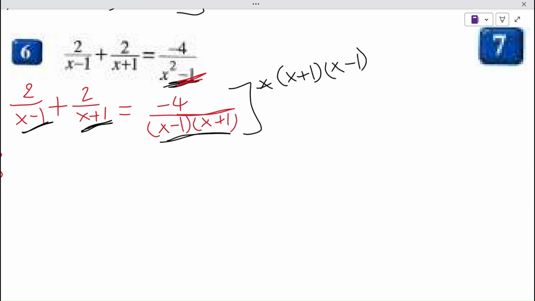Because we have x minus 1 here and x minus 1 here, just write down 2 times x plus 1, plus, and here we have x plus 1, just write down 2 times x minus 1.